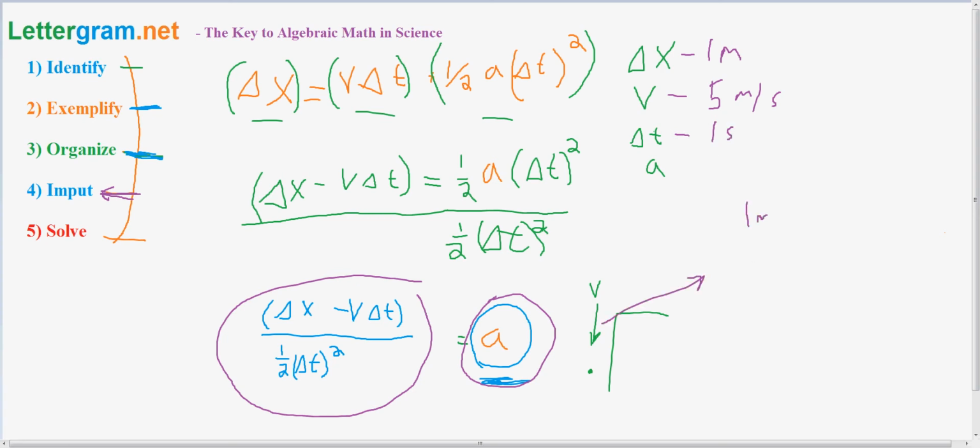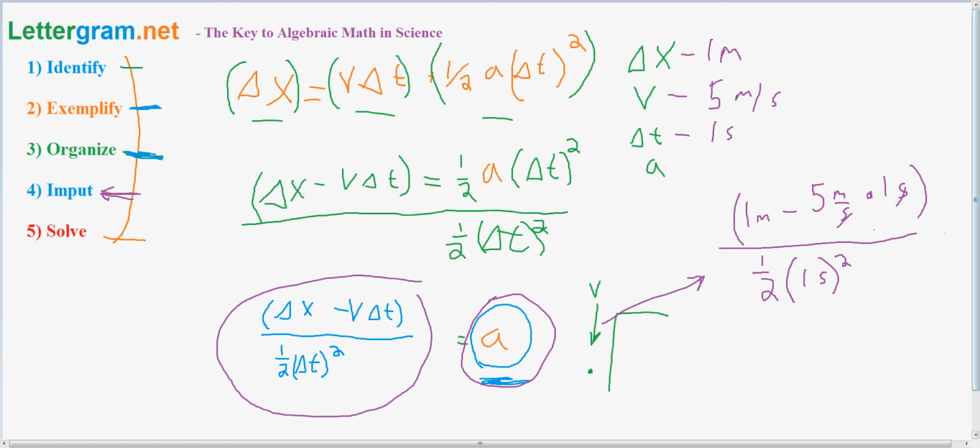I have 1 meter minus 5 meters per second times 1 second, which then cancel off these guys, divided by 1/2 times 1 second squared, which gives me seconds squared, and the top part is units.